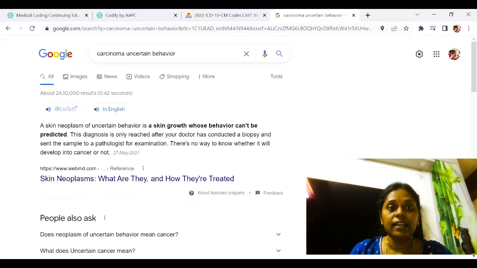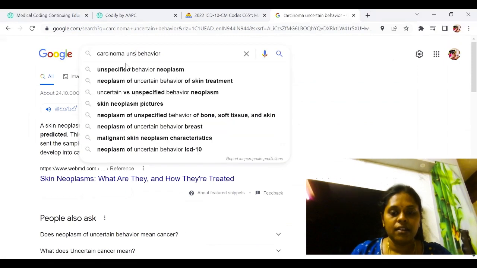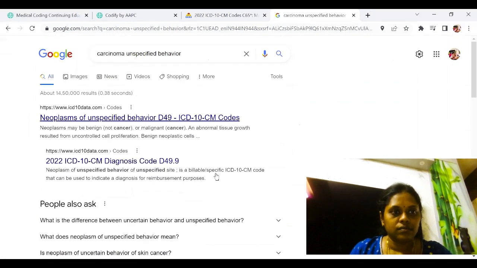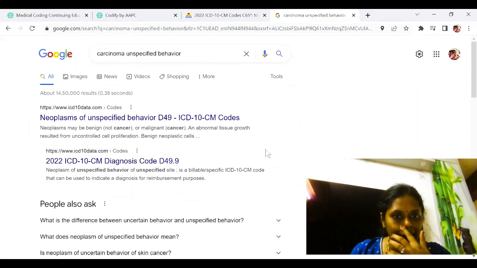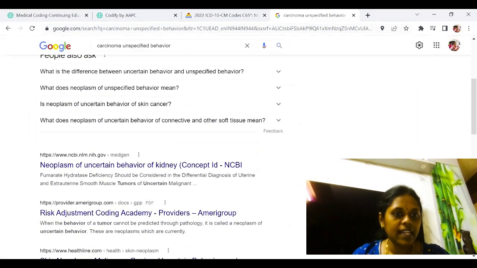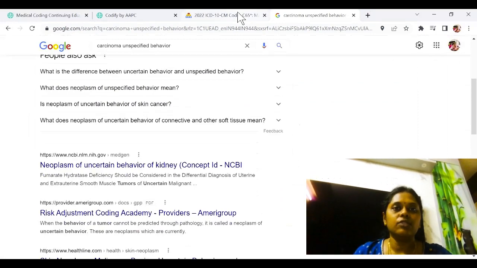That is said to be uncertain behavior. Then unspecified behavior: neoplasm may be benign, not cancer nor malignant, an abnormal growth of tissue resulting from uncontrolled cell proliferation. Unspecified means they are not doing any further lab tests and not determining at that point. He's just telling neoplasm. That's it. Then we'll go for the D codes.